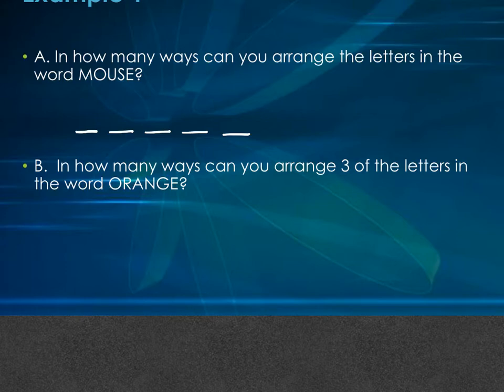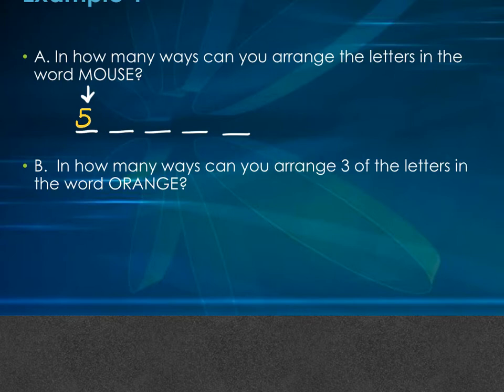For the first space you want to fill, ask yourself how many options there are. When I go to pick that first letter, how many letters do I have to choose from? There are 5 letters to choose from.